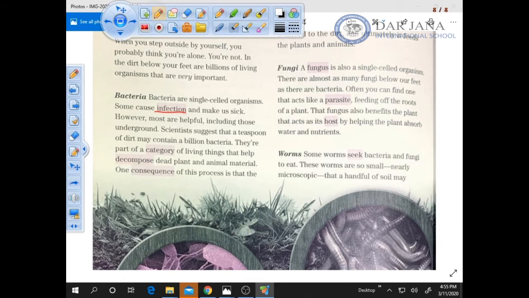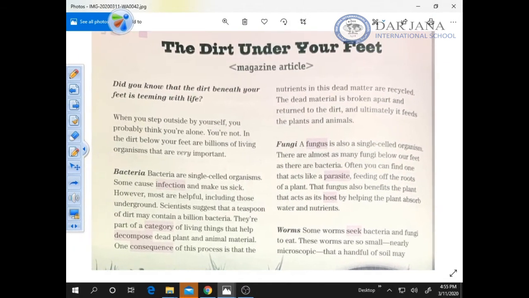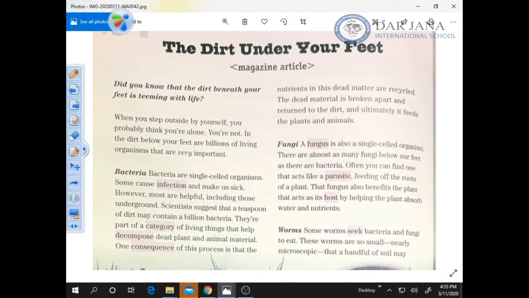So we're going to read this and we're going to extract the meanings of the words through context clues. So let's read. The dirt under your feet. Did you know that the dirt beneath your feet is teeming with life?